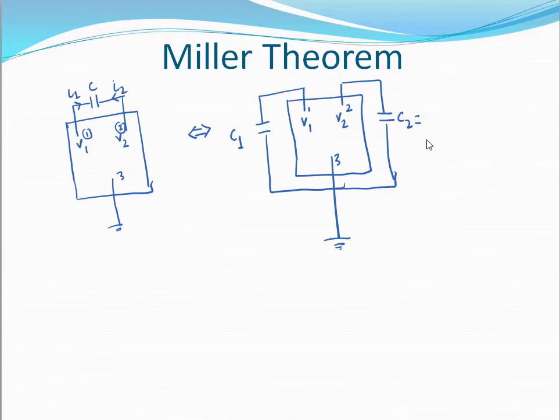The approach would be the same here, but the result will come different, so we will calculate it here. In case of the capacitance, we will see what the values of C1 and C2 are. This is figure 1. This is figure 2.